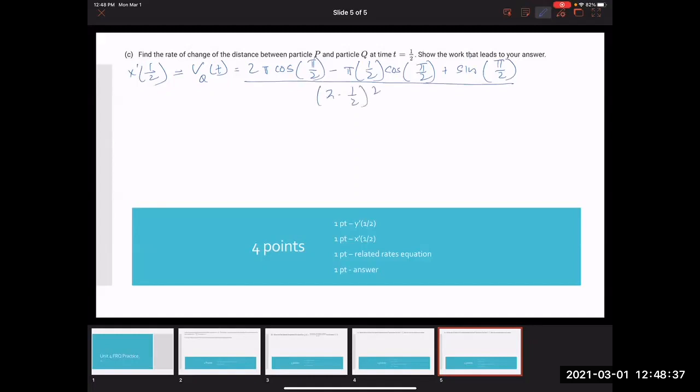Now, if you simplify, that entire top simplifies down to 1. So if you correctly evaluate that entire numerator, it simplifies down to 1. The bottom simplifies to 3/2 all squared. And you end up getting 4/9 as your x prime, which is the same thing as dx dt.